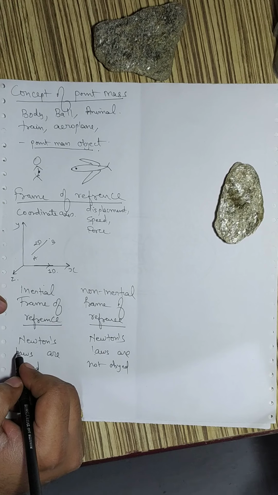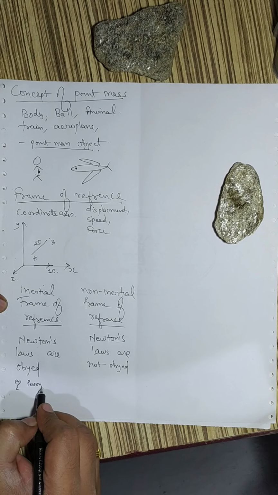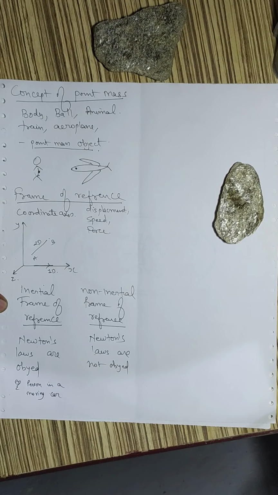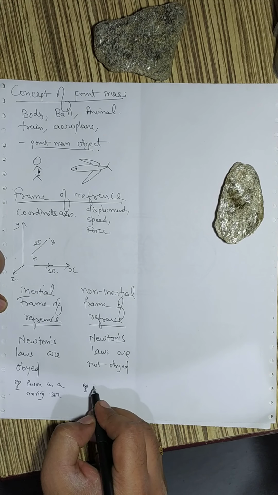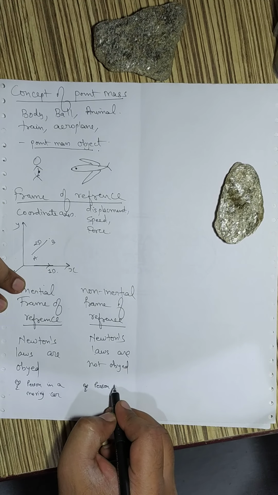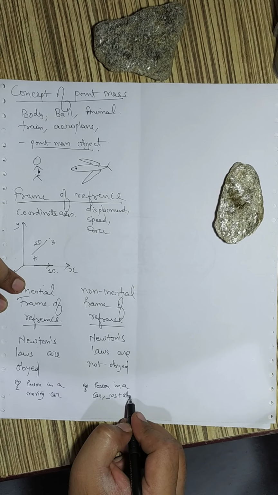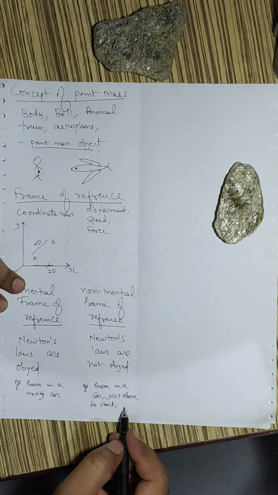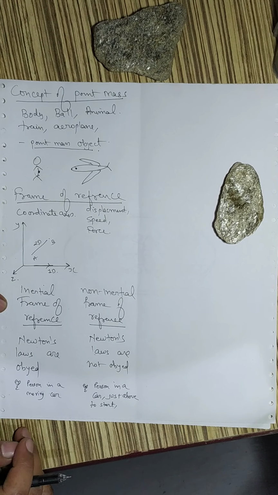An example of an inertial frame of reference is a person in a moving car. In this case, Newton's laws are obeyed when the car is moving. But the case when the person in a car is just about to start, or has just started its motion, becomes a non-inertial frame of reference.